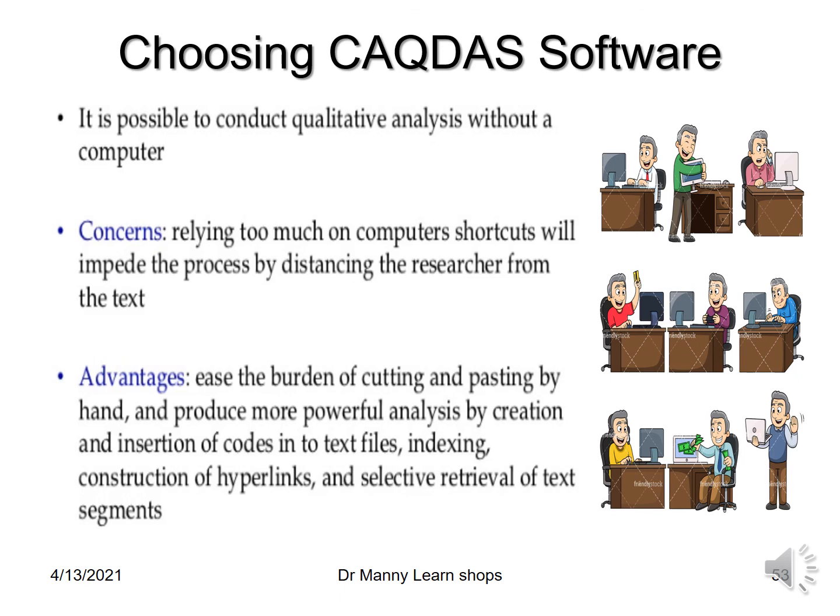The advantage, however, is it does ease the burden of cutting and pasting by hand, which I'm into manually, and produces more powerful analysis by creation and insertion of codes in the text files, indexing, construction of hyperlinks, and selective retrieval of text segments, which from my perspective you can still do manually.